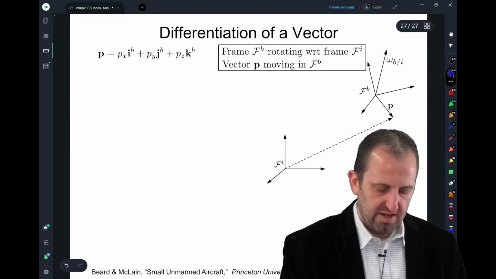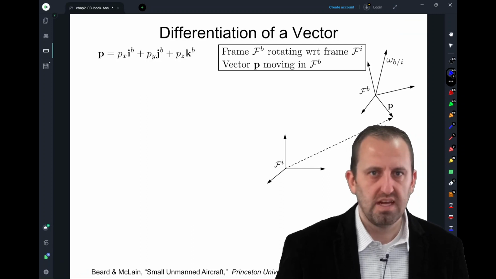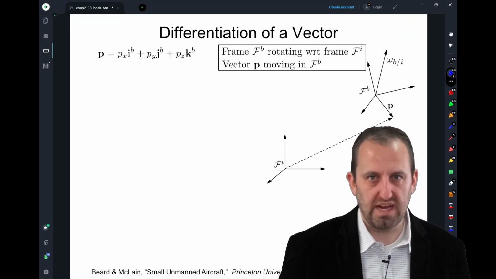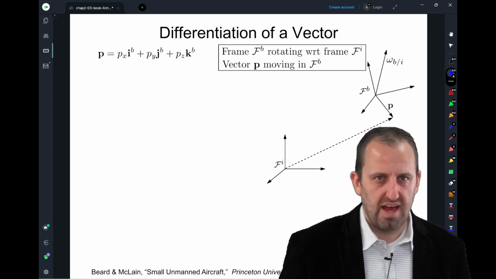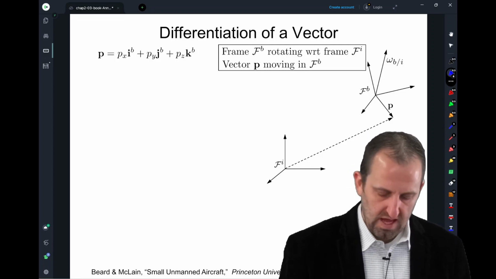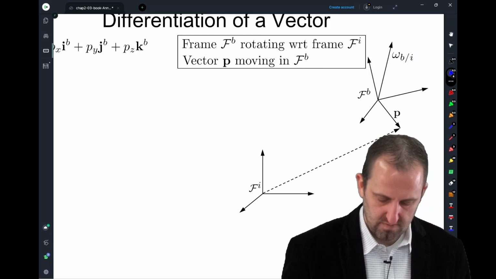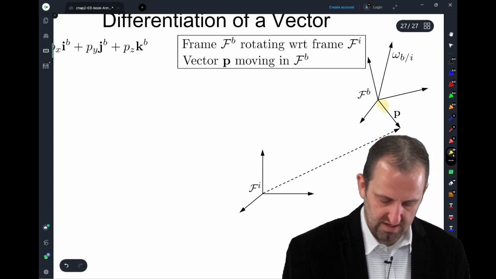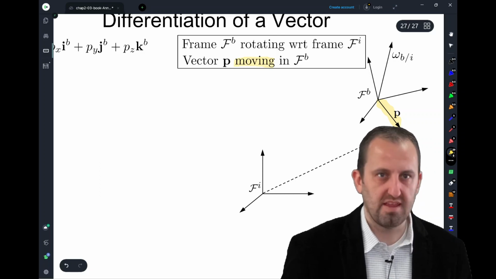Say we have our body frame, and it really could be any frame, is rotating with respect to our inertial frame, Fi. And again, this could be any two different frames. And we have a vector P defined on this line, and it's moving in the body frame.